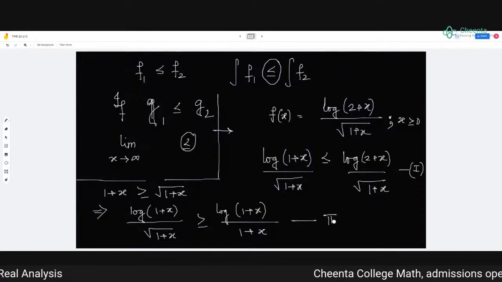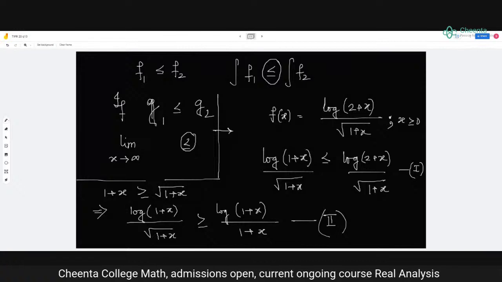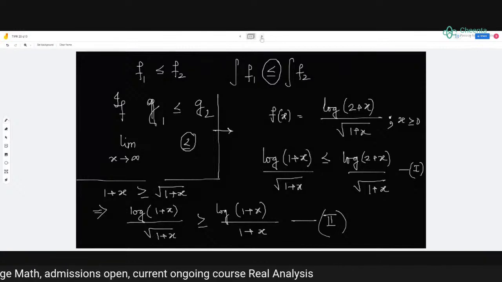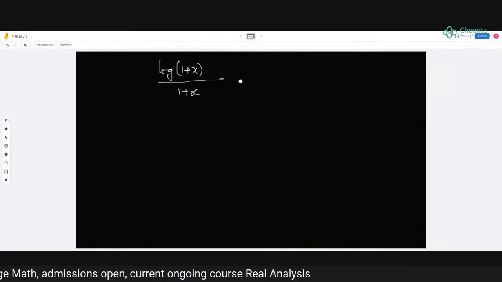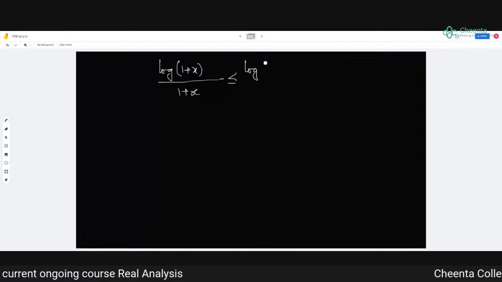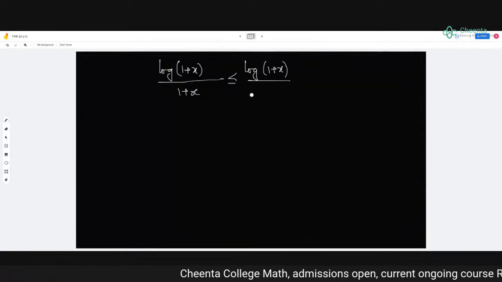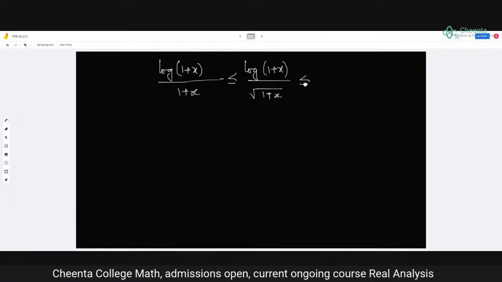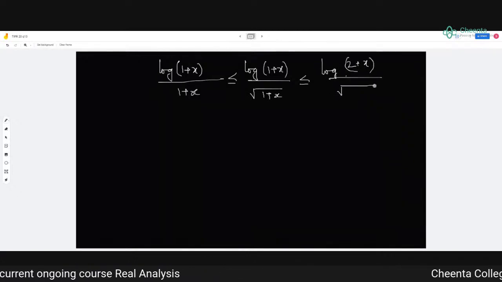Hence, if I now take these two inequalities, 1 and 2, and put it like this: log of (1 plus x) by (1 plus x) is less than or equal to log of (1 plus x) by root of (1 plus x), which is less than or equal to log of (2 plus x) by root of (1 plus x).